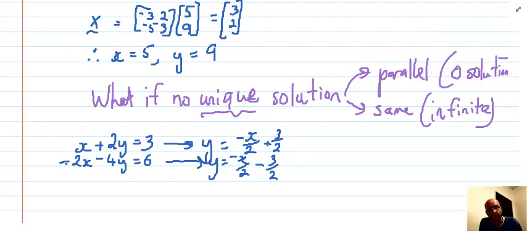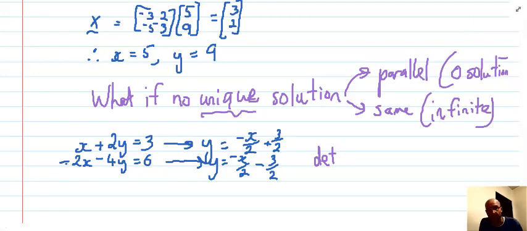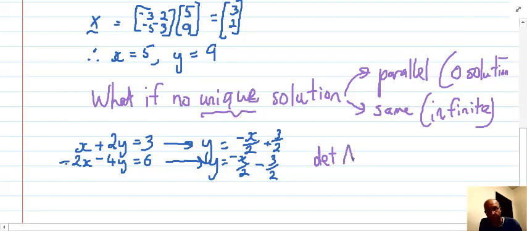Well, we talked about invertibility before, and we need to use the determinant. The determinant determines whether the inverse can be found. This one doesn't have an inverse. We need to find determinant A. First thing we need to do is identify matrix A. Remember, it was the coefficient matrix, so that was 1, 2, negative 2, negative 4.